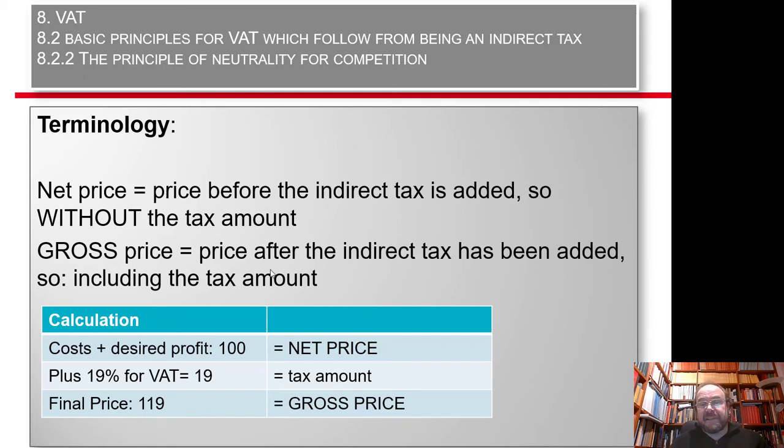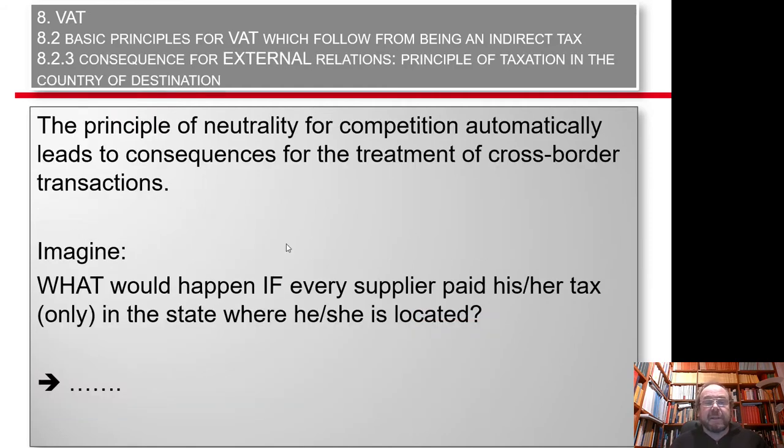Net price plus 19% is gross price. So net price would be 100%, 19% VAT comes on top, and gross price would then be 119% of the net price. That's an easy relationship which you can remember, I think, and I hope so, easily.